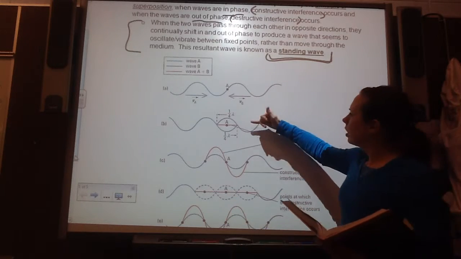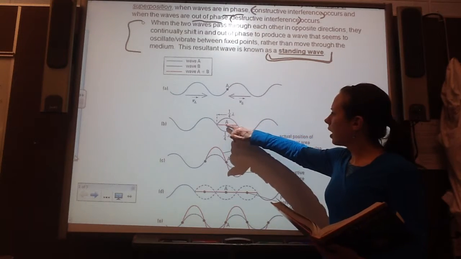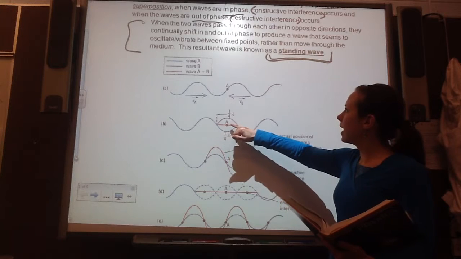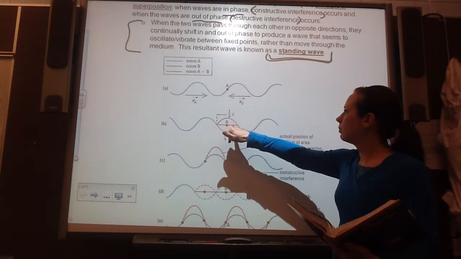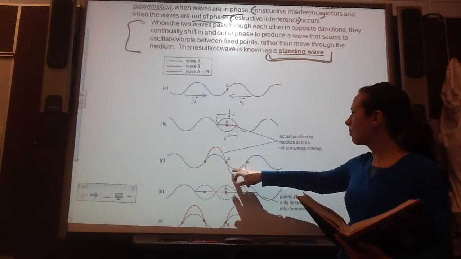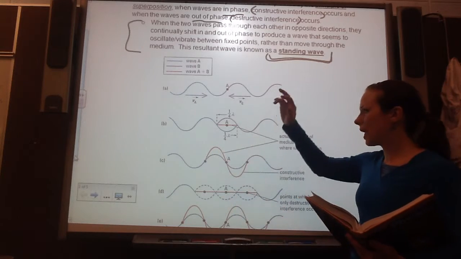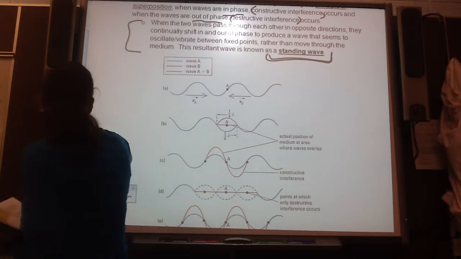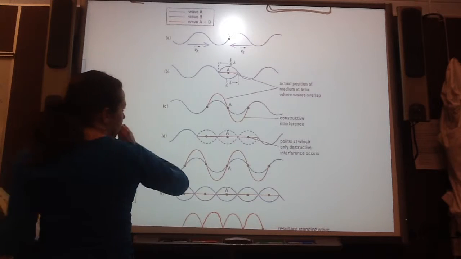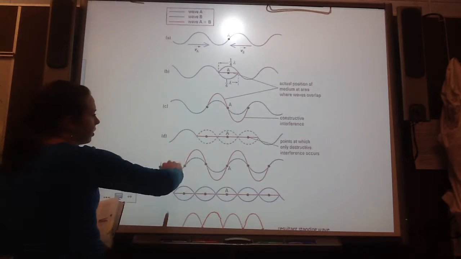So here are waves A plus B being combined together, and now I have constructive interference where they actually get bigger. At places where there's destructive interference, it would level off.